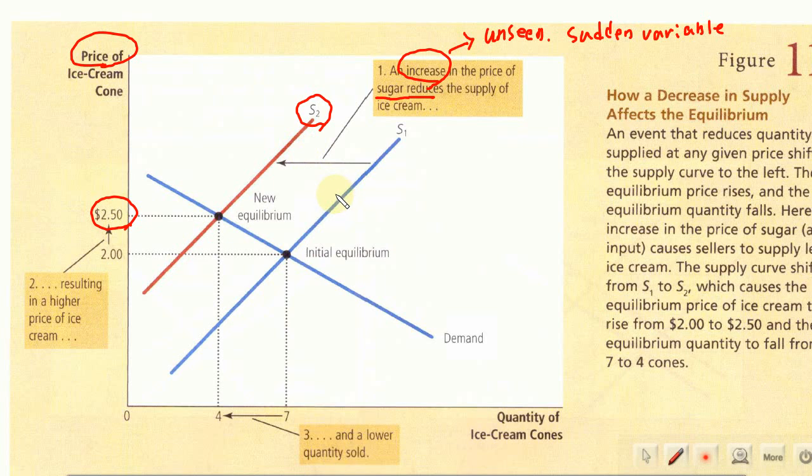But in a supply shift, even when the price goes up, their supply goes down. Different, right? You have to explain this point because the equilibrium remains the same.